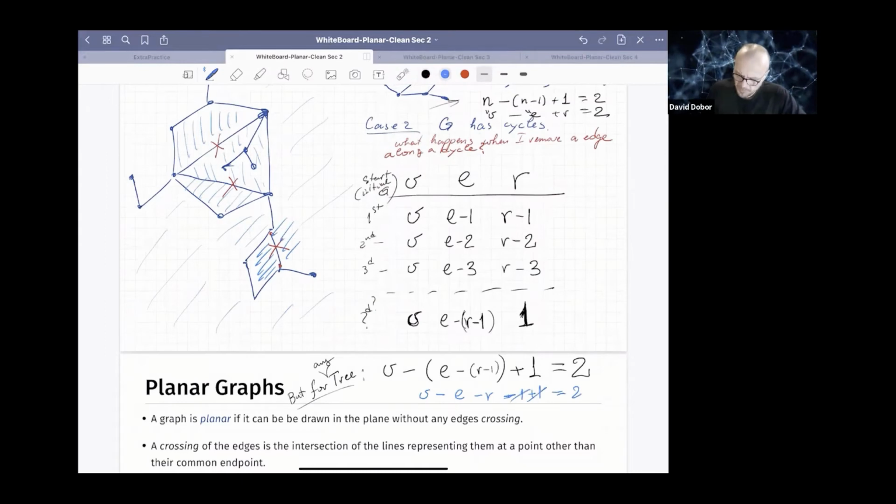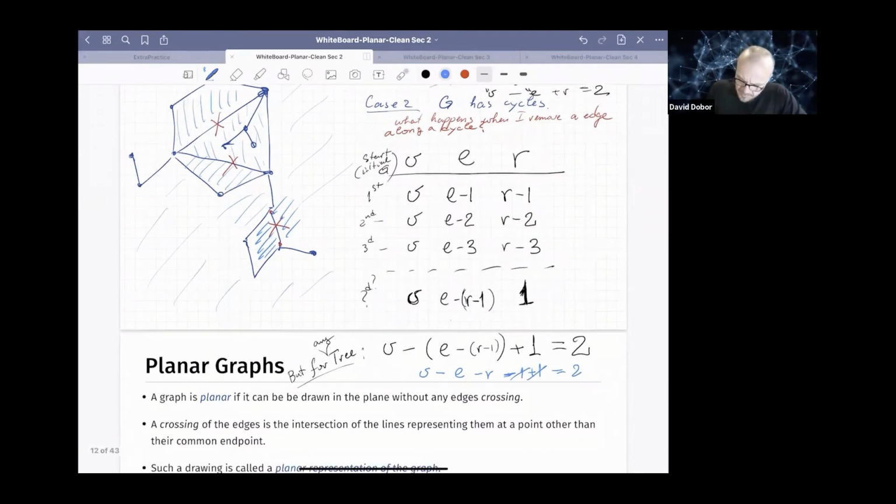So what are we left with is my claim. Conclusion: V minus E plus R equals 2.